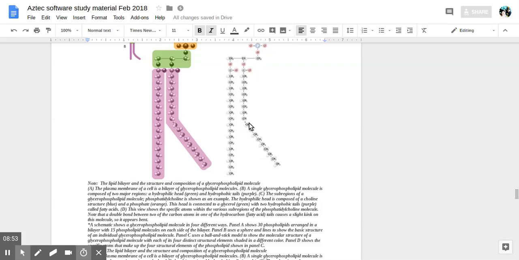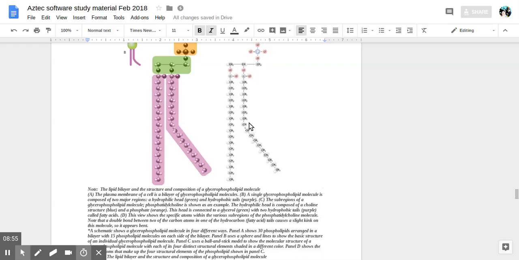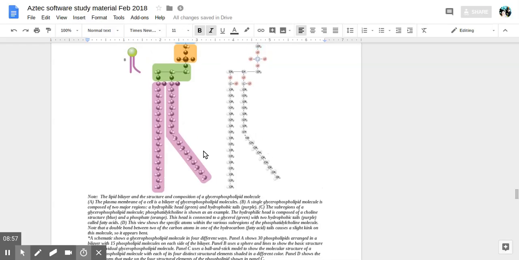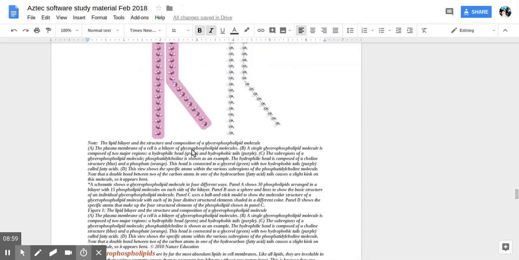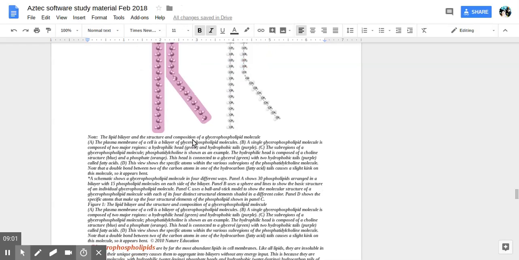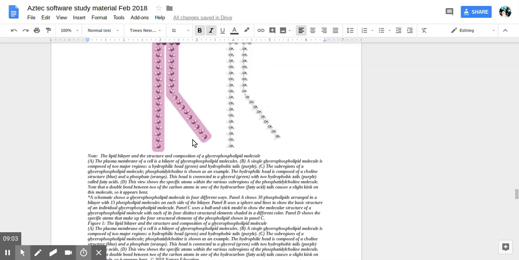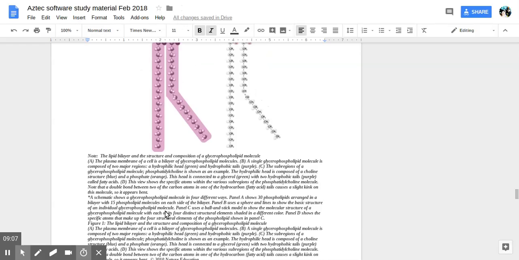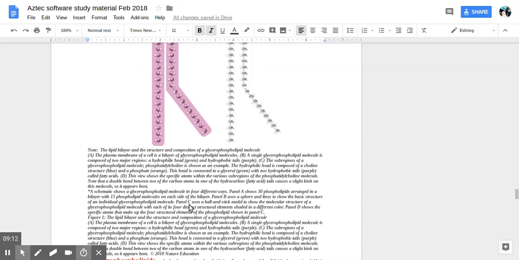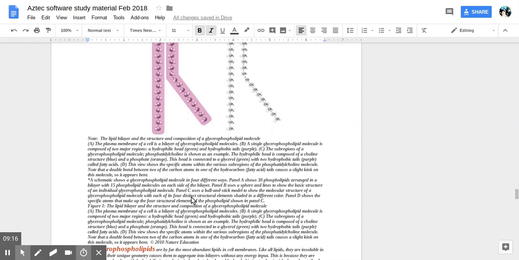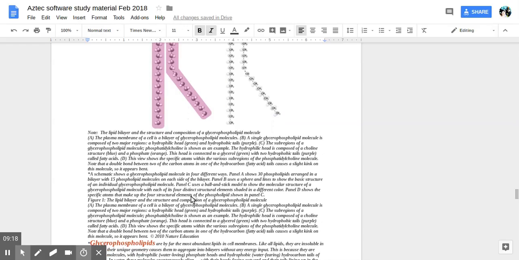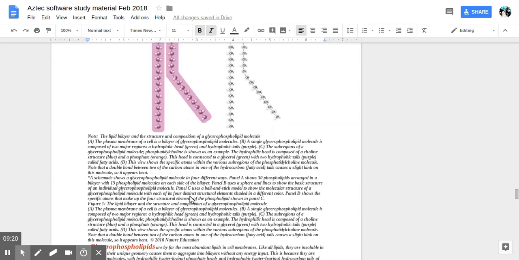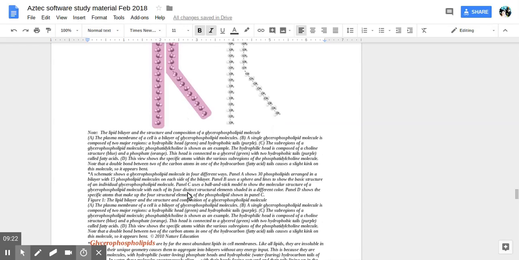The glycerophospholipid molecule is shown, 30 phospholipids arranged in a bilayer, 15 phospholipid molecules on each side. So that's how the bilayer is formed.